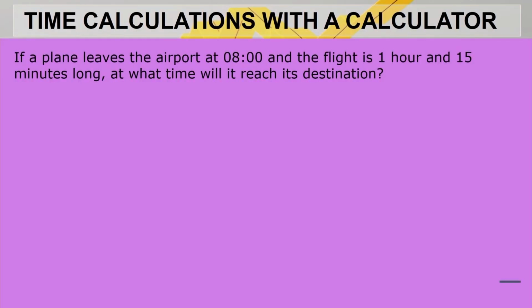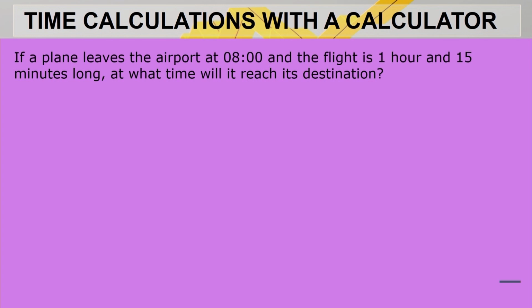If a plane leaves the airport at 8 o'clock and the flight is 1 hour and 15 minutes long, at what time will it reach its destination? Quickly grab your calculator and work with me, find the time button. Remember, now you know where to look, whether you have a Sharp or a Casio.